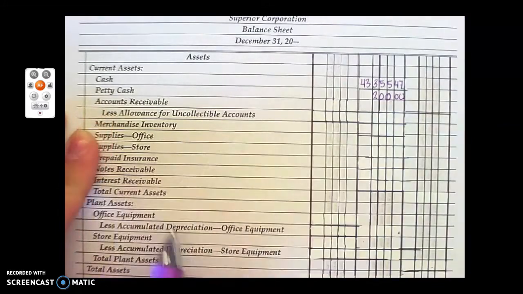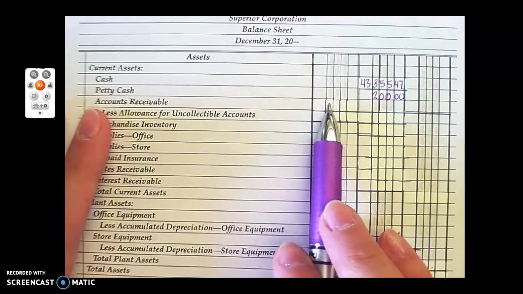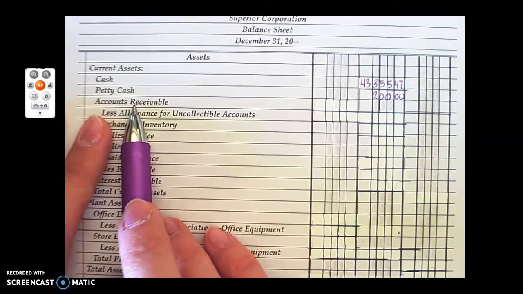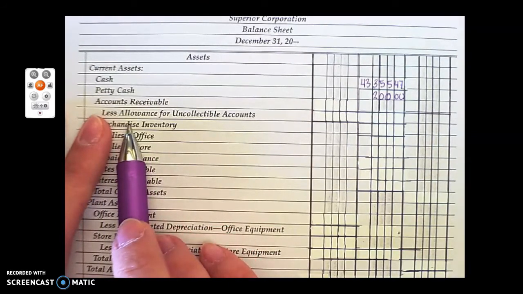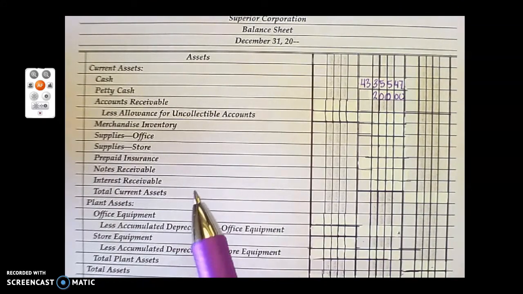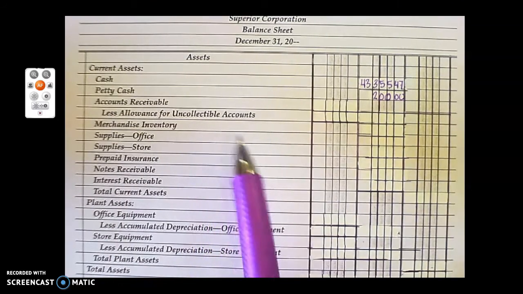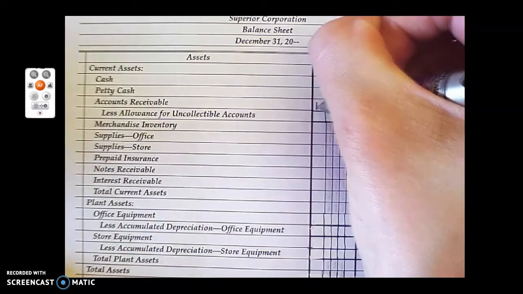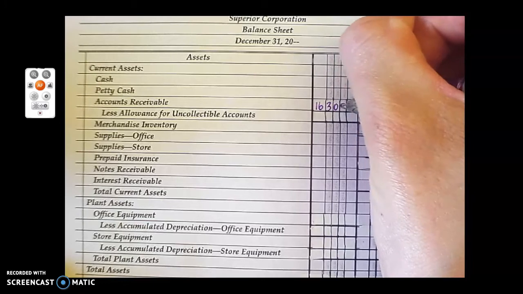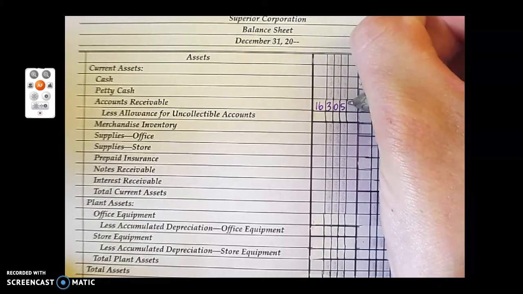Now for accounts receivable, these we will write in our far left column. Accounts receivable has a contra account, which is allowance for uncollectible accounts. So we need to just record the book value for accounts receivable. To calculate our book value, we would subtract these two amounts from each other. So we would take accounts receivable, which is $16,305.45.